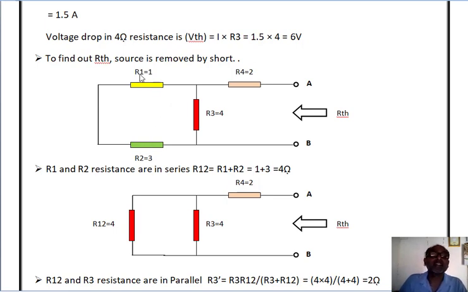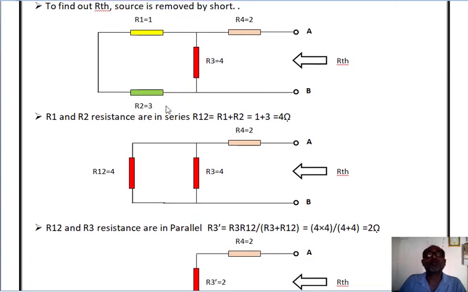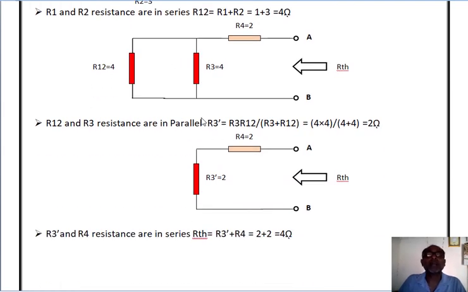Here resistances R1 and R2 are in series, so the equivalent value R12 is equal to R1 plus R2, that is 1 plus 3, which is 4 ohm. Now this 4 ohm resistance is connected in parallel with R3. So we can find the equivalent of these two parallel resistances. R3 dash is equal to R3 into R12 divided by R3 plus R12, so we get 2 ohm.